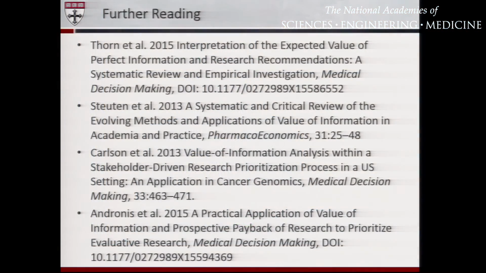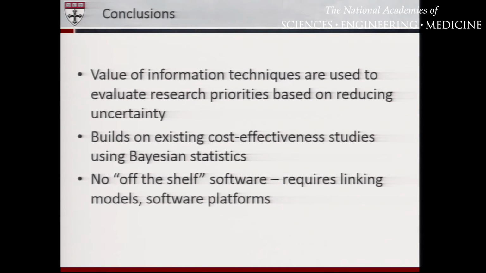And actually, there's a couple of papers that just recently came out, and I think you probably have copies of these slides, that go through and provide a list of all the VOI studies that have been done and the specific context, sort of the systematic reviews, which is very helpful. It describes exactly what they've done and in what clinical context. So a couple of these papers are really helpful, I think, for that.